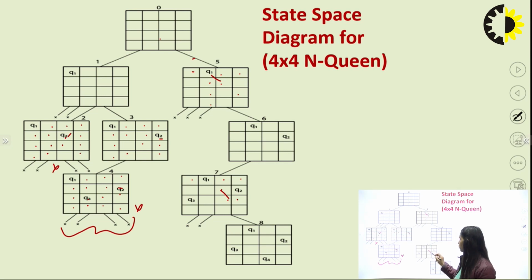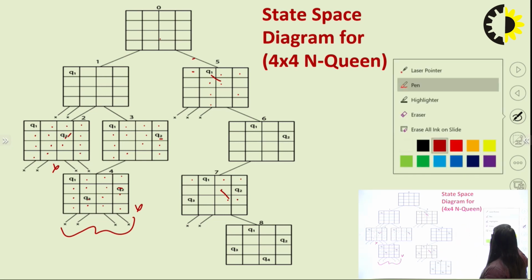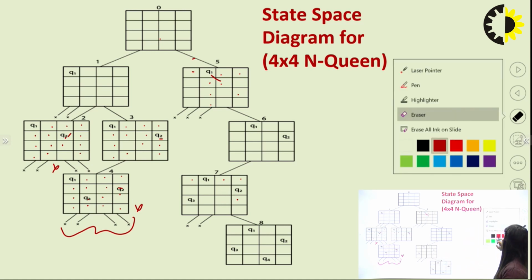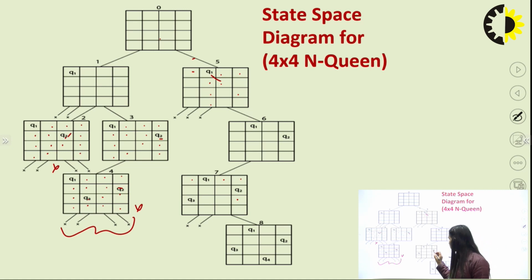I cannot put Q3 here, because of Q2 and Q1 diagonally, and at this place. So basically in this area I can put Q3 at this place.